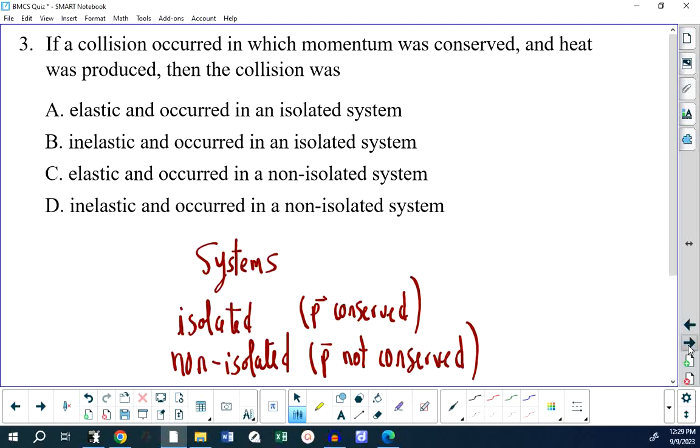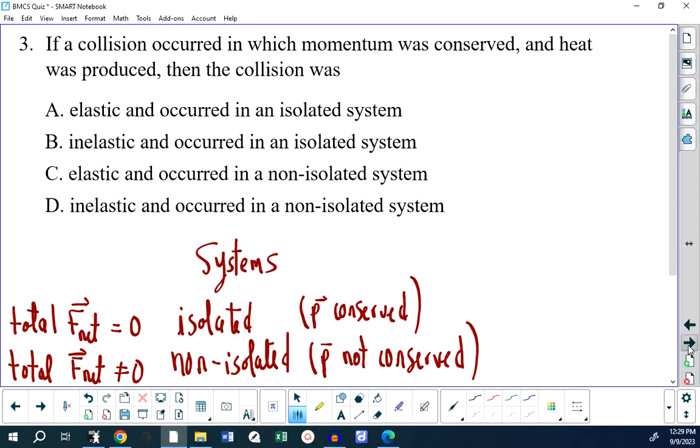I could give you a chart in which you have to look at the chart and decide if momentum is conserved. One of the other things that you need to know here is the total net force in an isolated system is 0, but the total net force in a non-isolated system is not 0.